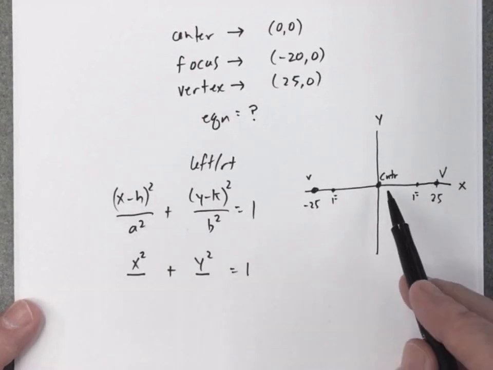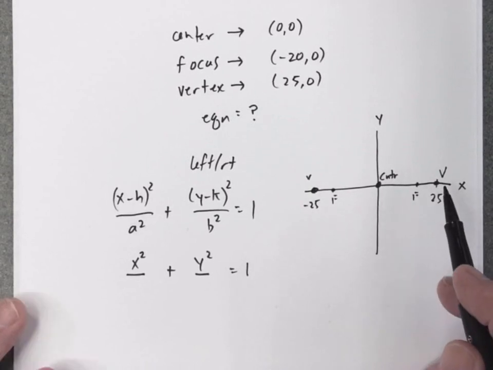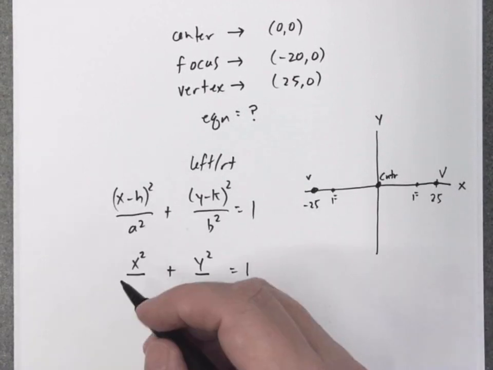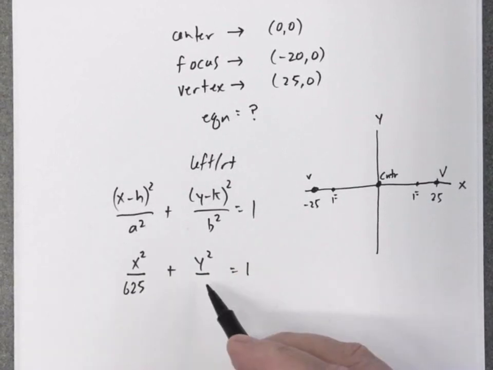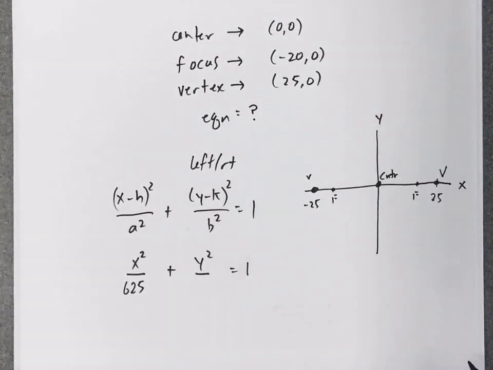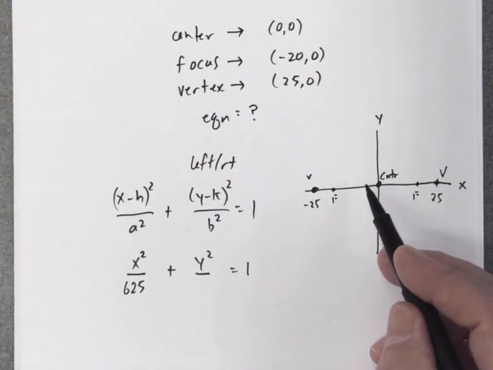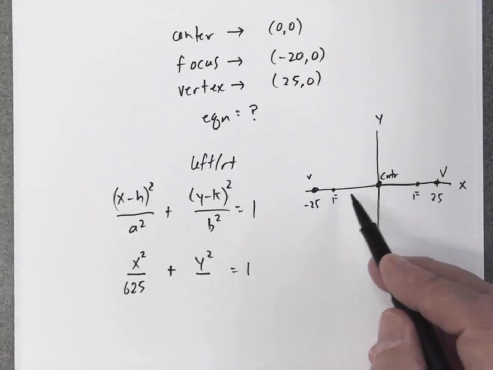We know a, because a is the distance from the center to the vertex, 25, and it's a squared, so 25 squared. Now the thing we don't know is b squared. We do know the distance from the center to the foci.